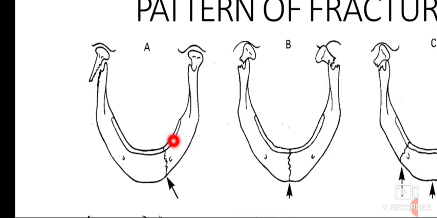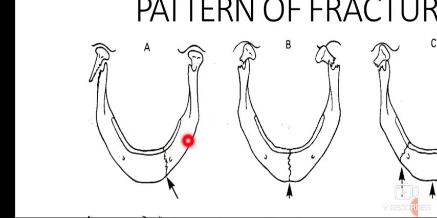Though the point of impact is the left parasymphysis region, due to the countercoupe injury, which I think I explained in the last chapter, the yielding of the fracture will be on the opposite side, because the mandible is a single long bone bent in a U shape.